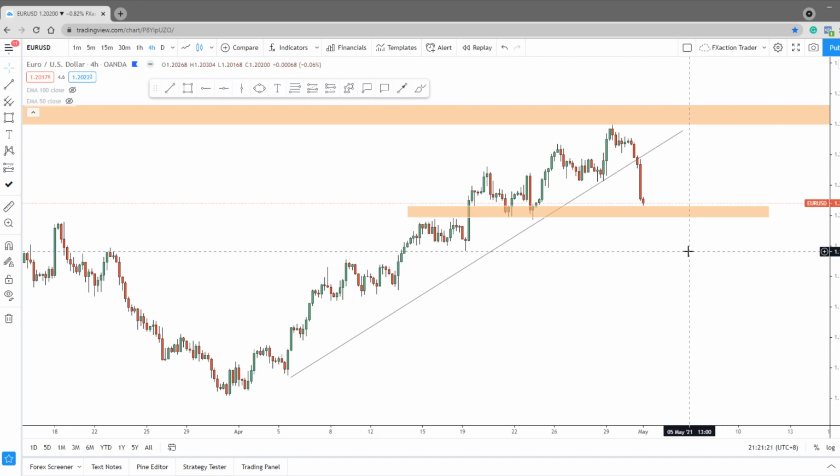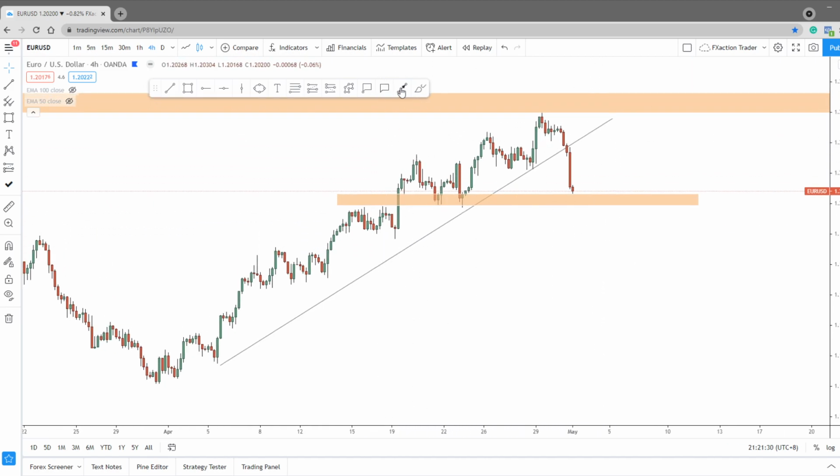So in order for the sell trend to be valid, I would prefer that the market have another clear break below this support zone, and we are going to sell upon the pullback. All right.